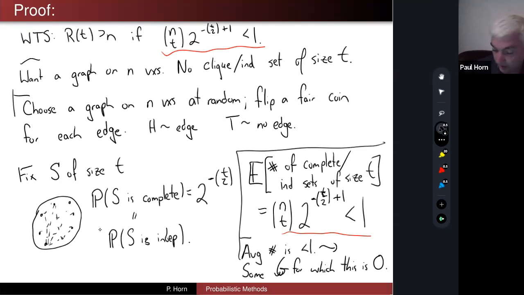There must be some graph that has actually 0 complete or independent sets of size t. I haven't built it for you. I haven't shown it to you. It's a hard problem. In fact, it's an open problem to give explicit constructions of such things for arbitrary t. And yet I've shown it exists.